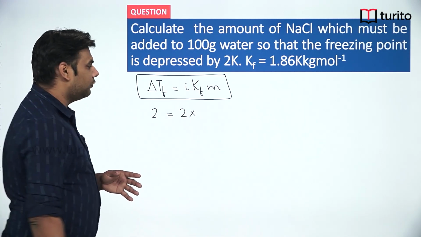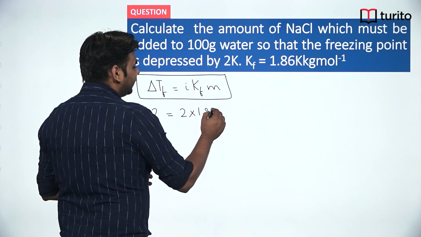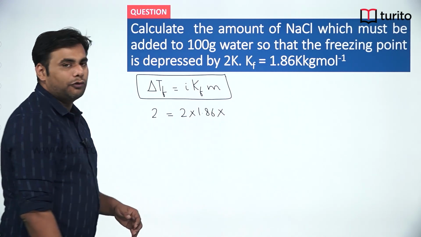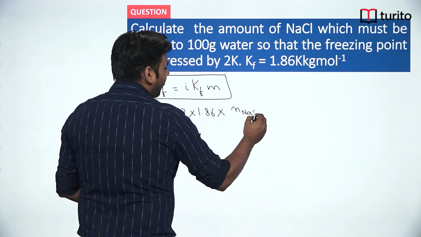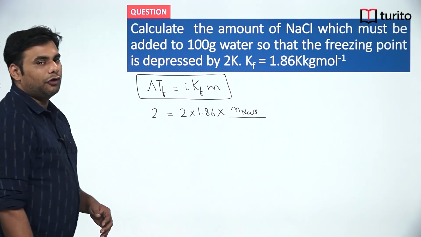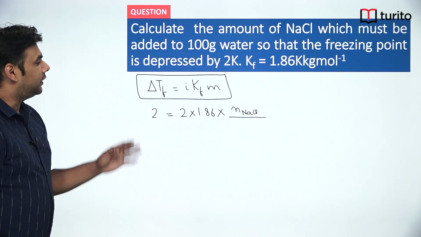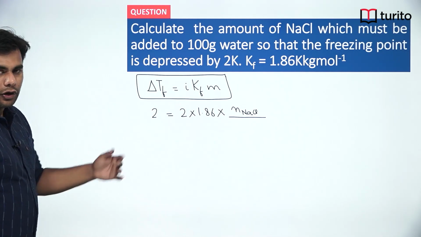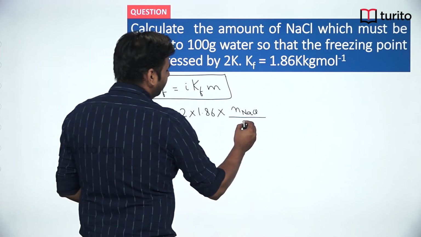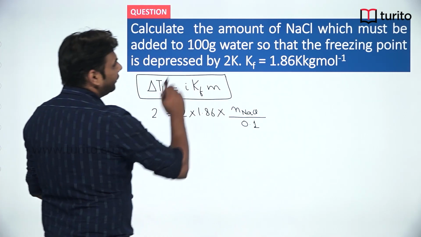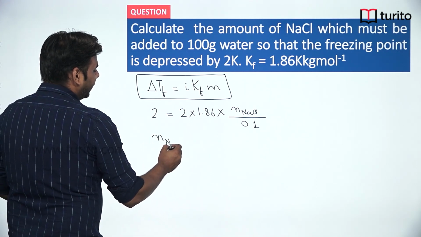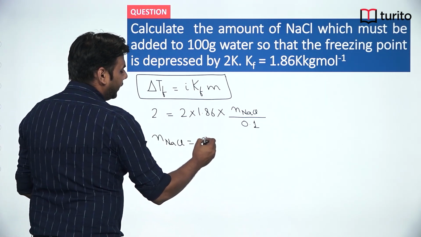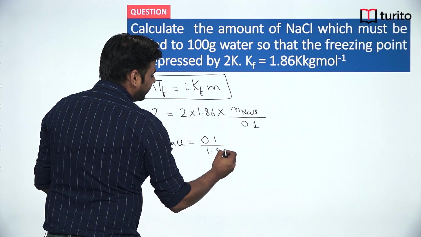Kf we know would be 1.86. Molality we know is the number of moles of solute upon mass of solvent in kg. So mass of solvent in kg would be 0.1, because 100 gram of water is given. So number of moles of NaCl would be 0.1 upon 1.86.